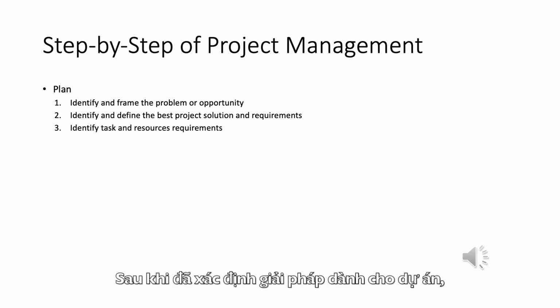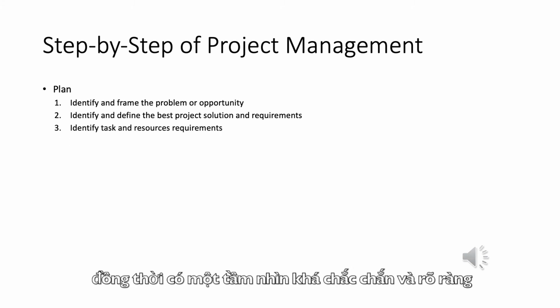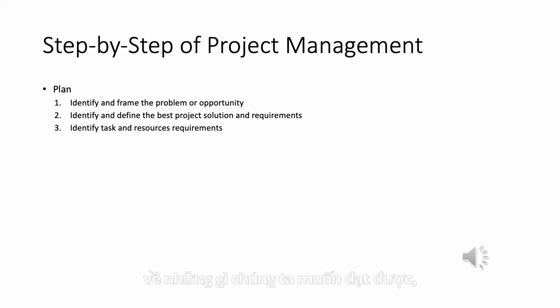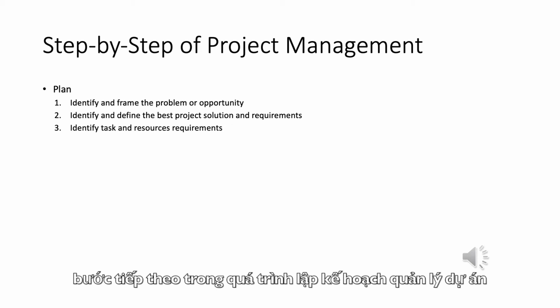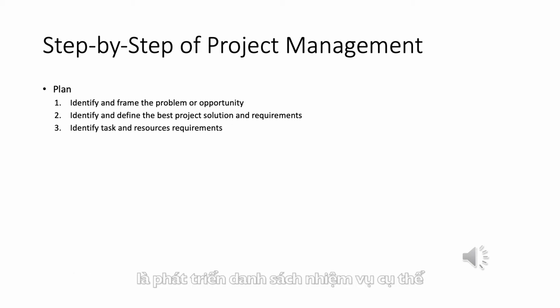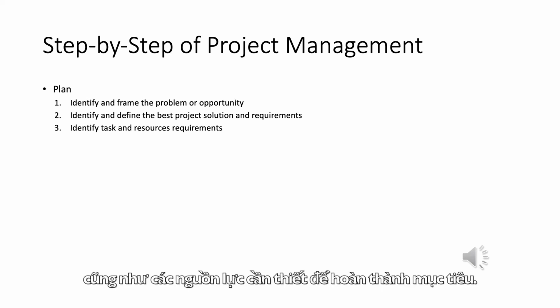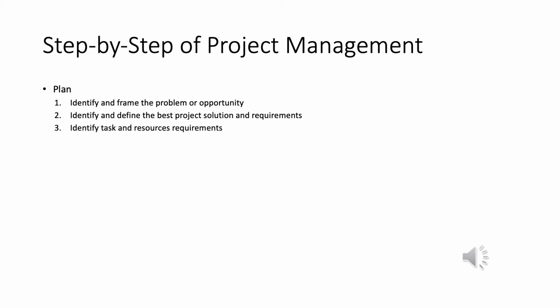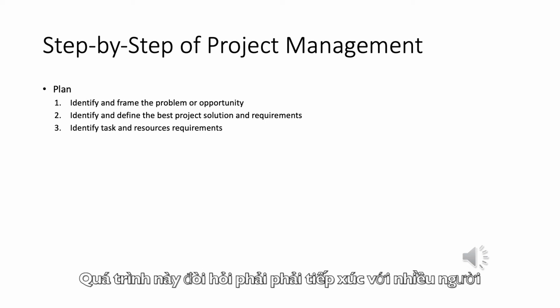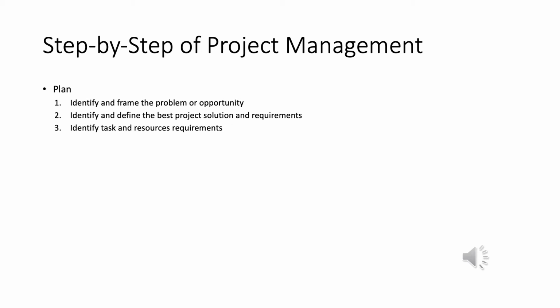Now that we've defined the project solution and we have a pretty solid and clear vision of what we want to accomplish, the next step in the project management planning process is to develop a list of very specific tasks and resources that are required to accomplish those tasks. This is a process that will involve talking with large numbers of people who will more likely than not be participants in the program going forward.